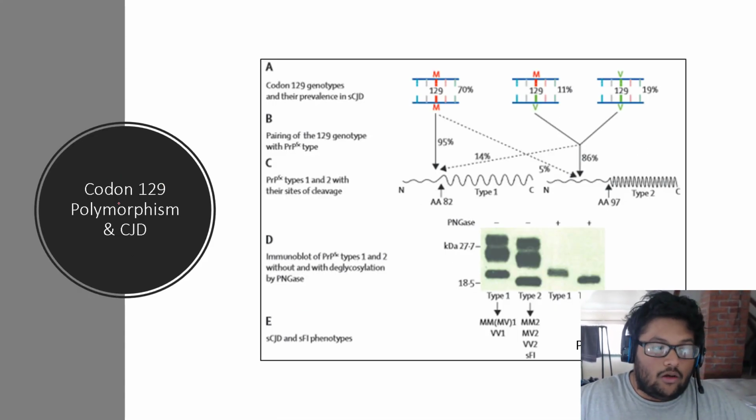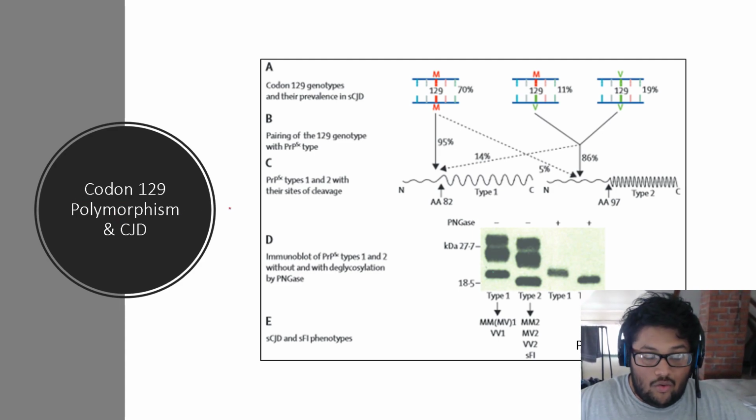So the genetic mutation that leads to PrP-Sc forming rather than PrP through the PRNP gene that generates the PrPC protein is called a codon 129 polymorphism.